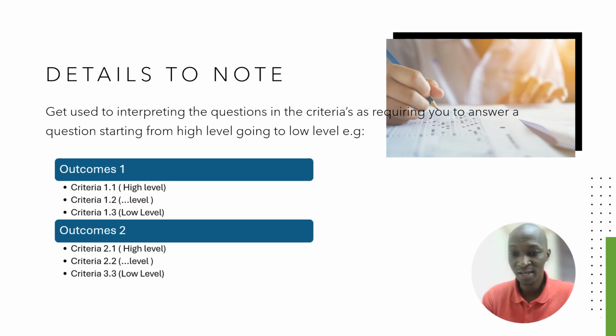So in a specific outcome, every first criteria is going to be high level, and whatever is low level is at the end of the criteria.